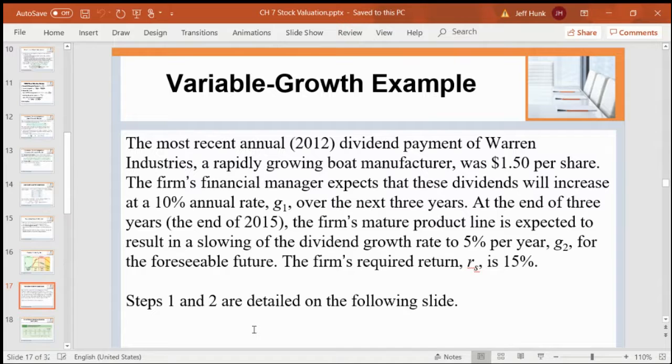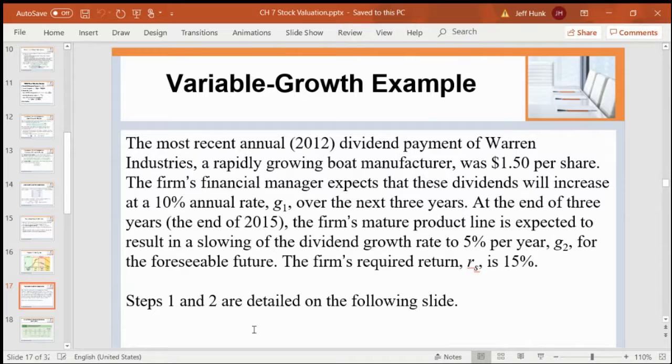And usually dividends are paid in the middle of the following quarter. The dividend being paid is always the dividend from the previous quarter. So we can assume that the annual dividend of 2012, which is the most recent dividend, is the dividend at time zero.